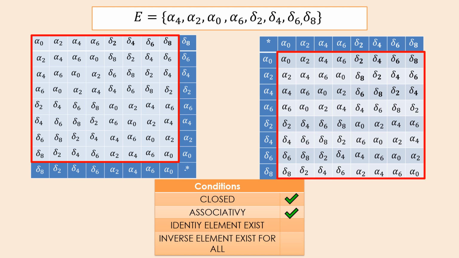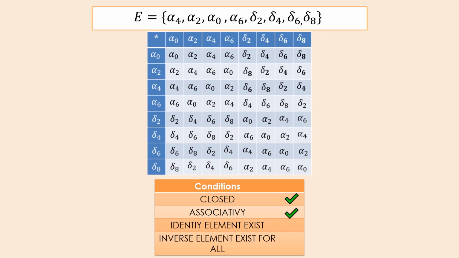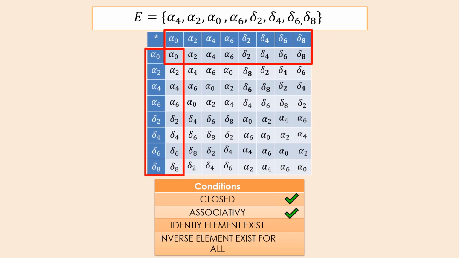Now let's check if the identity element exists. Since the first row and the first column are identical to the header column and header row, the identity element exists and it is alpha sub 0. To check if an inverse element exists for all, let's utilize our identity element alpha sub 0.